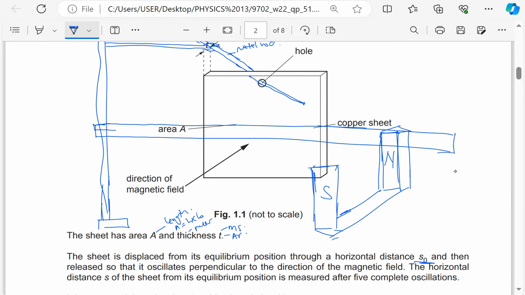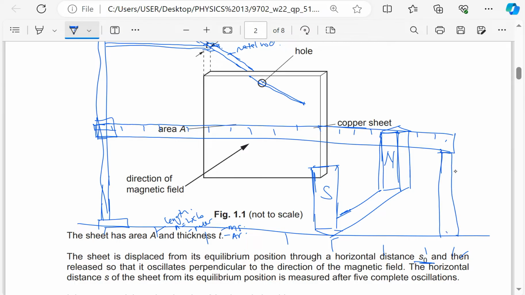This could be the ruler. So I will put a table here so that my setup is on the table, and the ruler could be supported on the other side so that it is perfectly horizontal. This is a support.